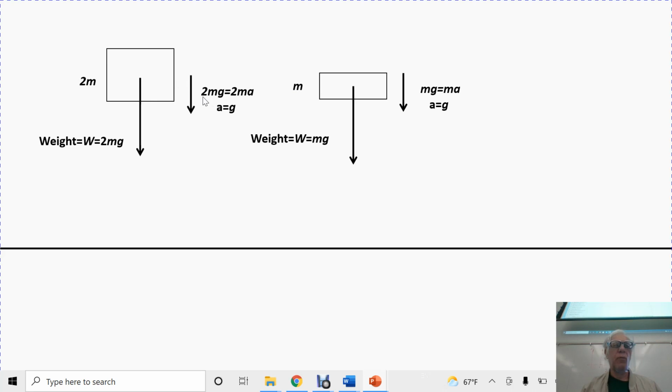The force is going to be twice greater, but the acceleration is going to be the same, because of Newton's law, which I'm going to introduce you to soon.